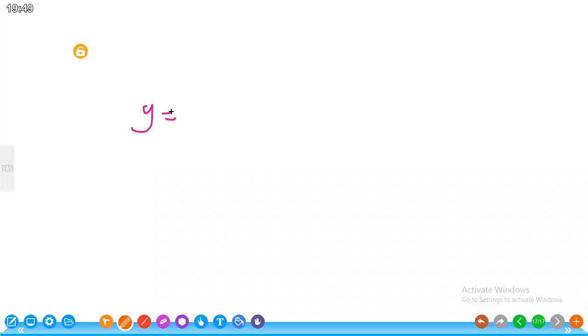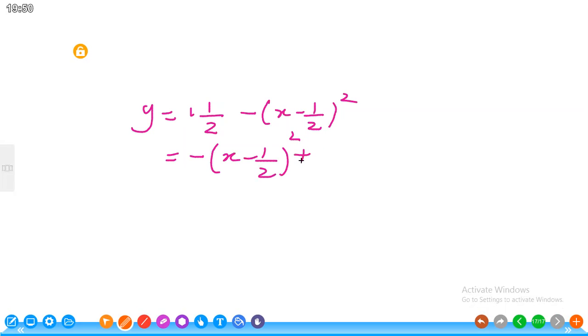y equals 1.5 minus (x minus half) squared. First convert it into the form minus (x minus half) all squared plus 1.5.